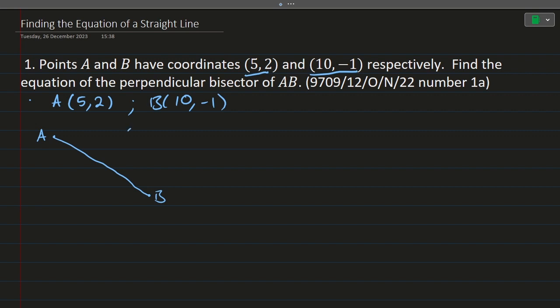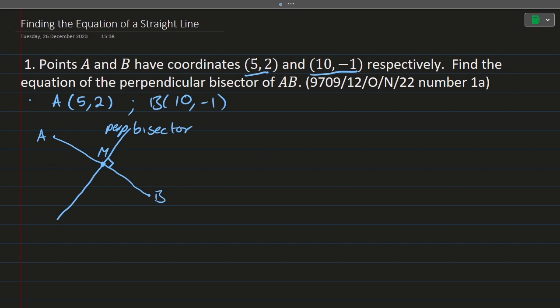So the perpendicular bisector will split this line in half and it intersects at the midpoint. So this is the perpendicular bisector, and it intersects the line AB at the midpoint, and it's perpendicular to the line AB.